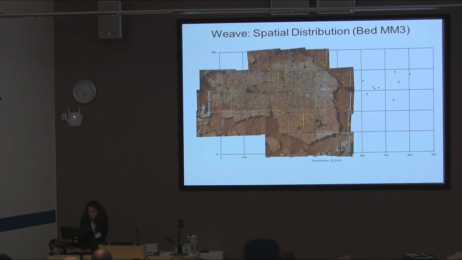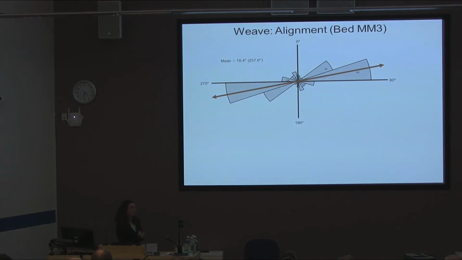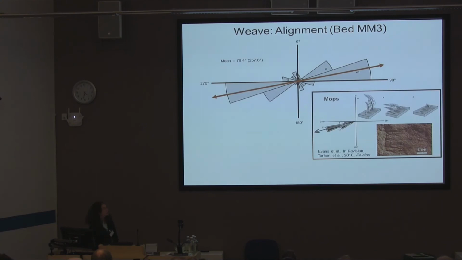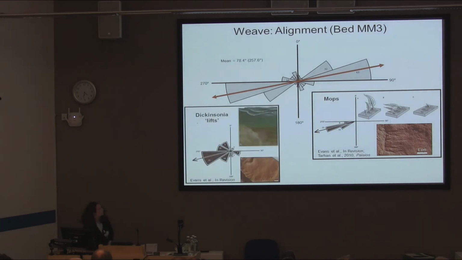And when we measure the orientation of these individual patches of weave, we see that there actually is a fairly strong alignment. And in fact, this alignment corresponds very closely with that of other structures on the same bedding plane, such as mop, which remember is our biological tool mark that results when we remove a holdfast from the substrate, and also these other features that we term lifts, these indentations along the margins of Dickinsonia, which are especially characteristic of Dickinsonia on this bedding plane.